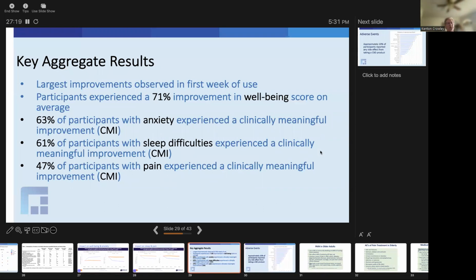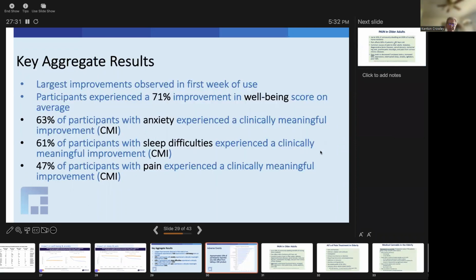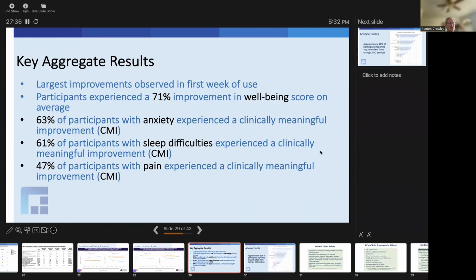Looking at the results, the largest improvements occurred in the first week of use. Participants experienced a 71% improvement in well-being on average. And then 63% with anxiety noticed a clinically meaningful improvement, 61% with sleep difficulties, and 47% with pain.